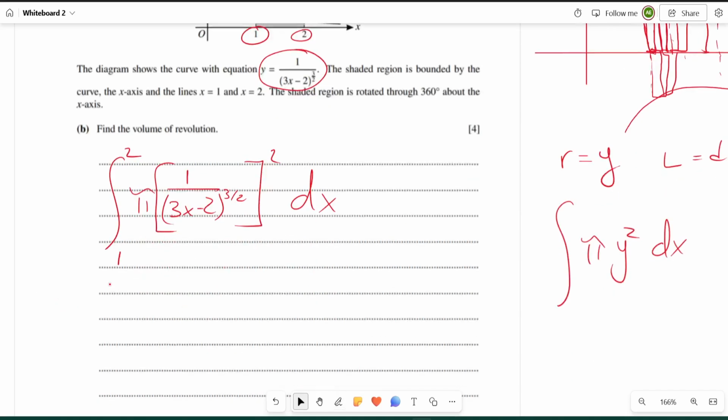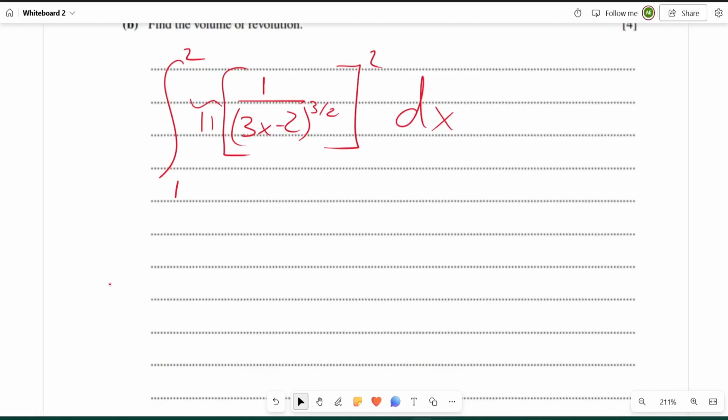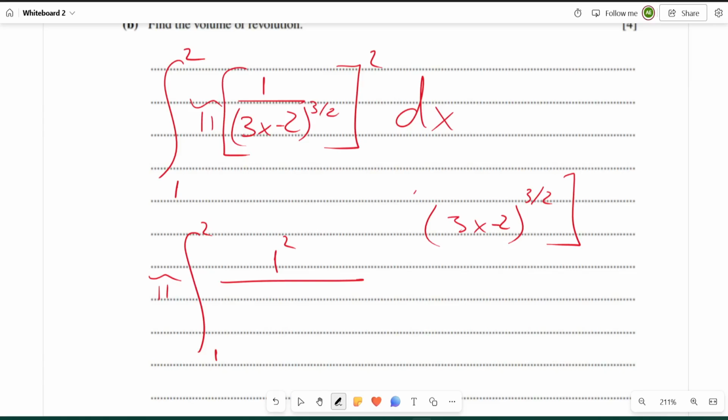So if we wanted to simplify this a little bit, we can expand the power. Let's put the pi outside. So this is going to be 1 squared, which is 1, over (3x minus 2) to the power 3 over 2, all squared. When I have something like this, you know that I multiply the powers. So it's 3 over 2 times 2. The 2's will cancel, so it's just power 3.